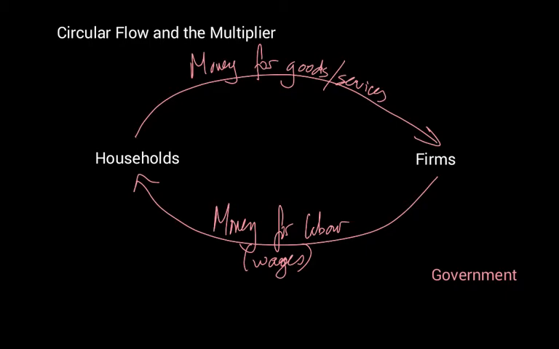What happens is that the government can take money out of the circular flow in the form of taxation, and it can also add money back in again in the form of investment.